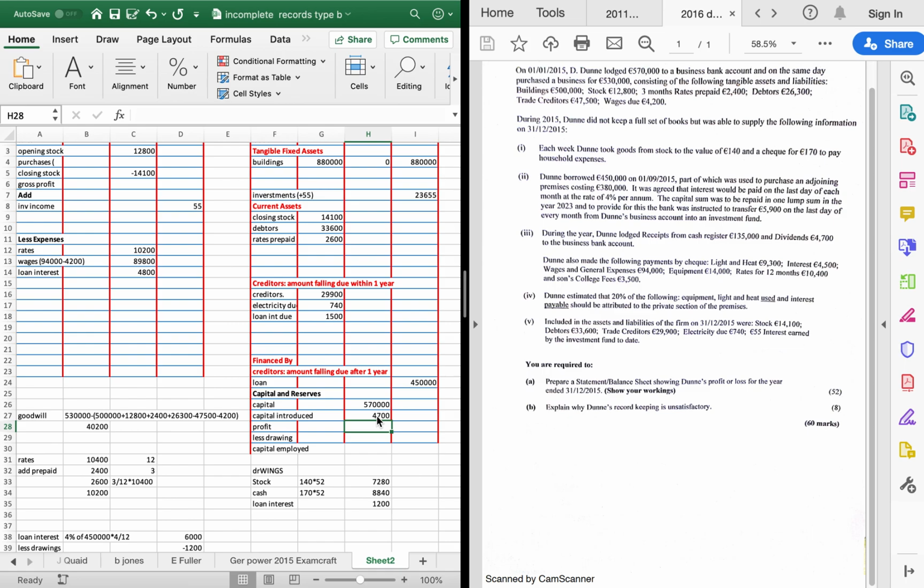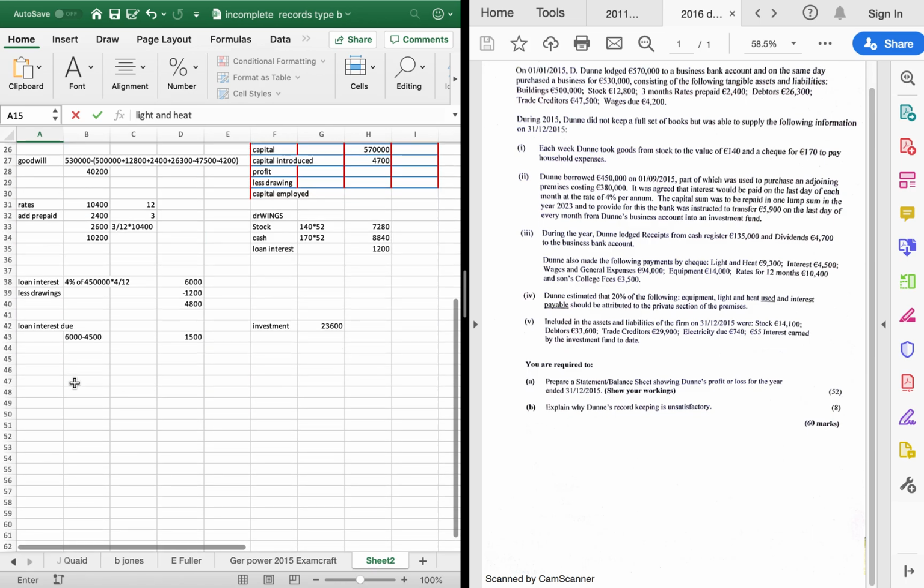The 4.7 is in. Then he pays his light and heat 9.3. Now, is there light and heat due? There is electricity due at the bottom, and there's a drawing, so we'll do the working. Light and heat is 9,300.